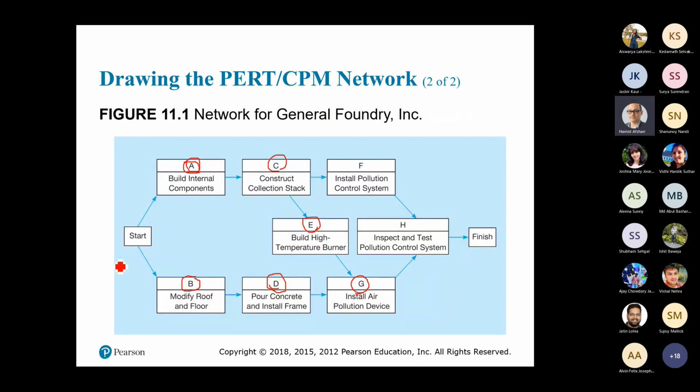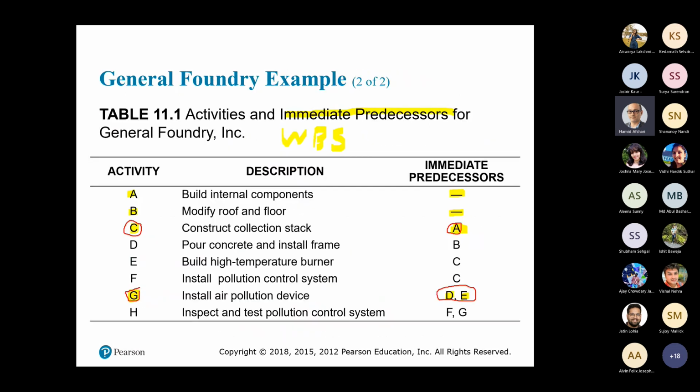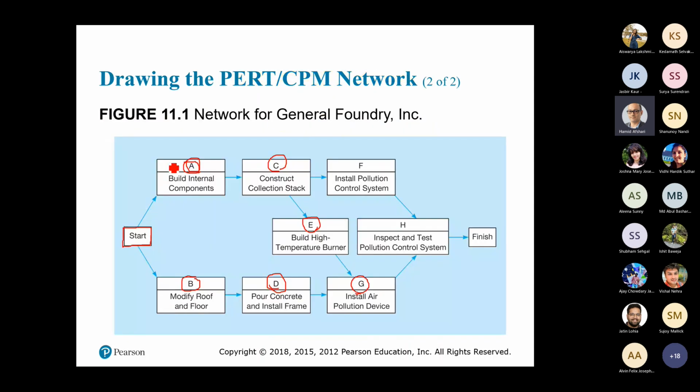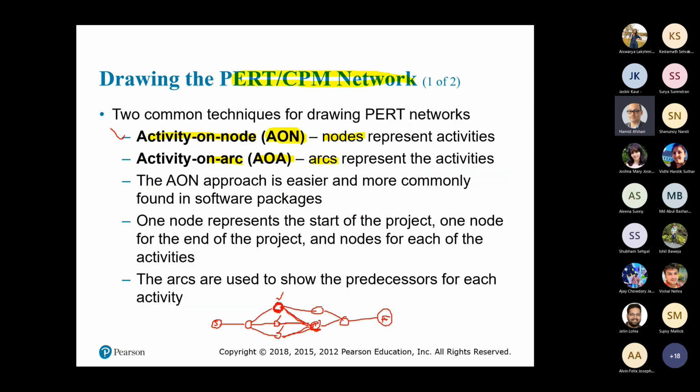So always start from a node which you call start. Okay, after you write that, right after the start, you will write the activities that do not have any immediate predecessors. So you will start writing activity A and B. So these two will be your first activities. Then you will follow the instruction one by one.